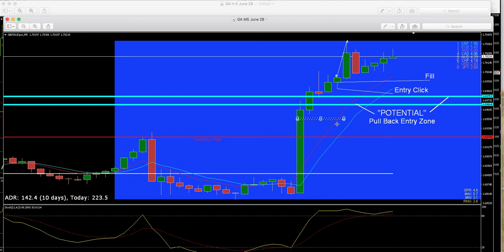This level is about 169.50, which might be a good place for a stop. Compared to this zone right here, which is about 168.85, so this is 65 pips from here down to here. So I wouldn't put too big of a stop here.